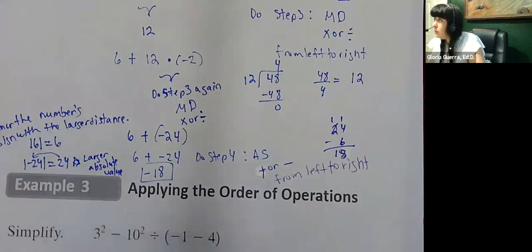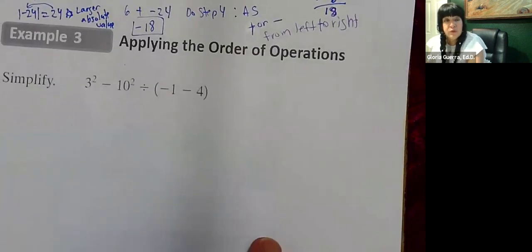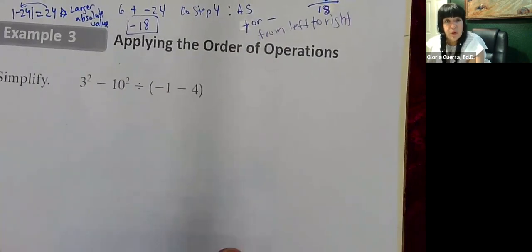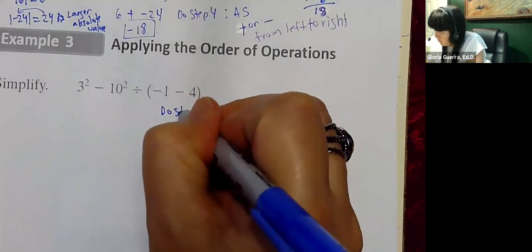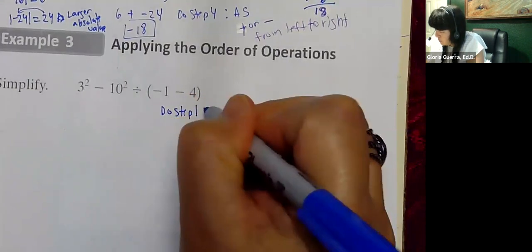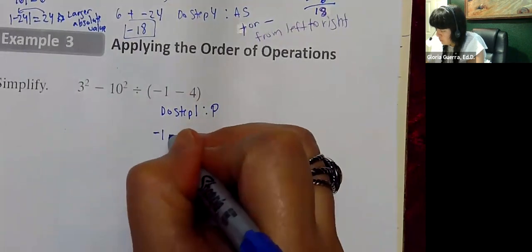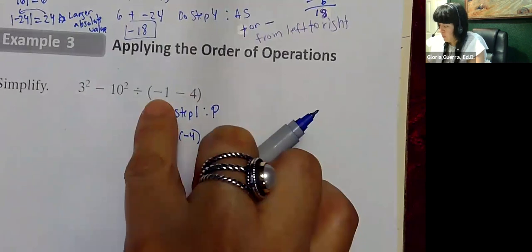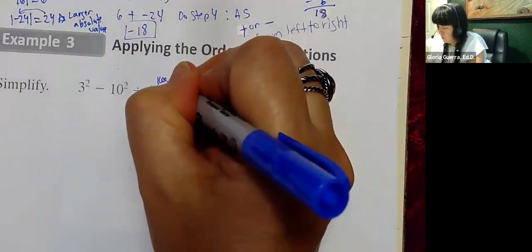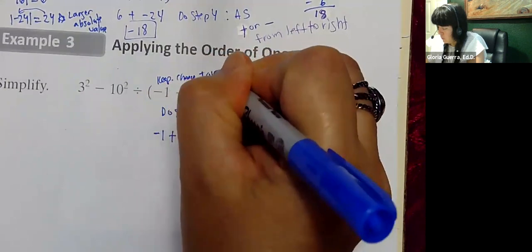Okay, now on the bottom, 3 squared minus 10 squared divided by negative 1 minus 4. You're going to have to do step 1 first, which is the operations inside parentheses. So this is actually negative 1 plus negative 4. Keep, change, take the opposite. That's what the rule says.